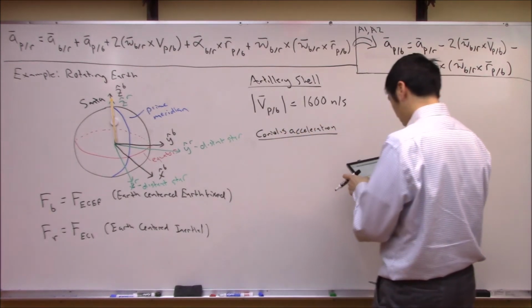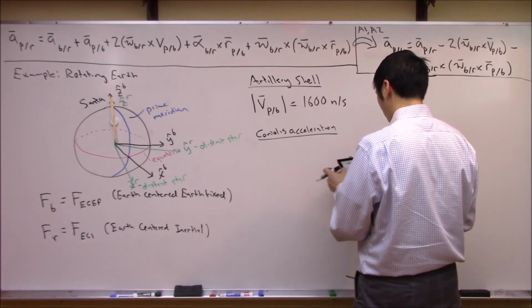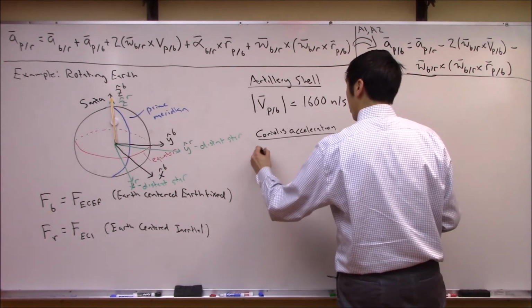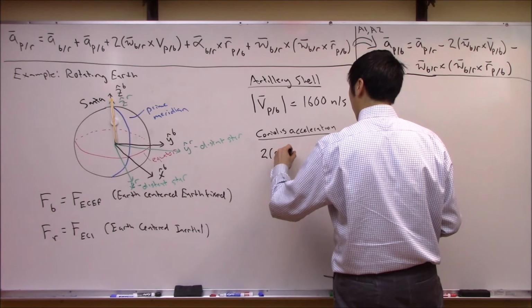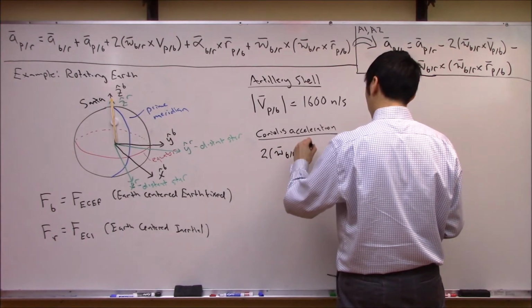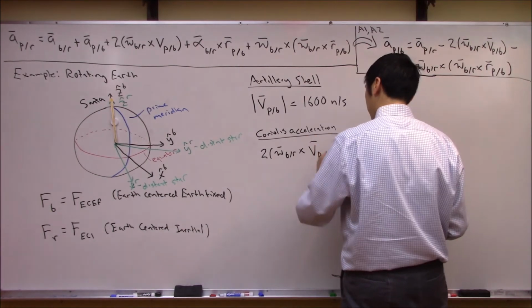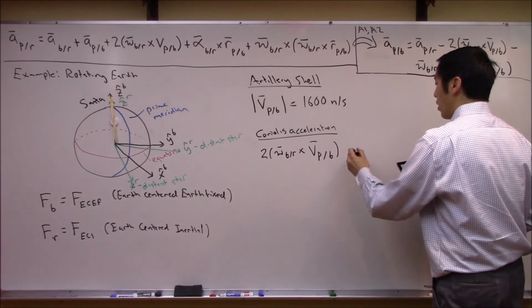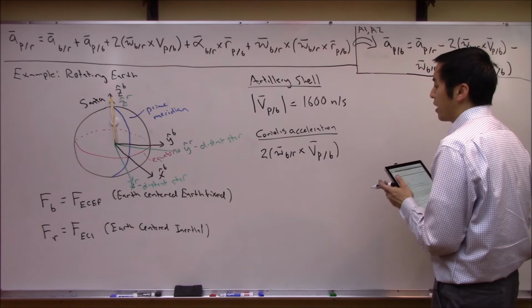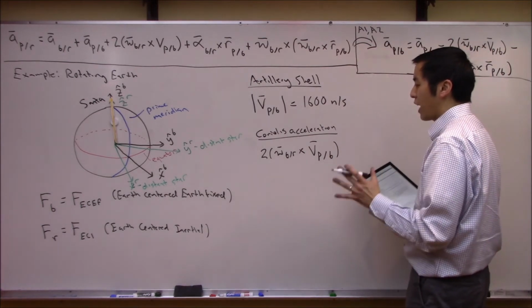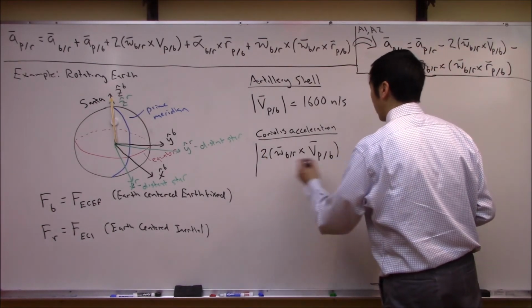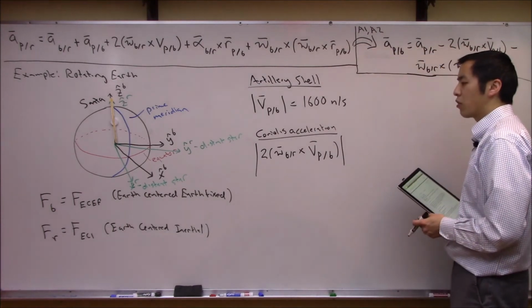That was our term 2 times omega B with respect to R crossed with VP with respect to B. What might be interesting here is to look at a worst case scenario, the magnitude of this thing. What's the worst case scenario?